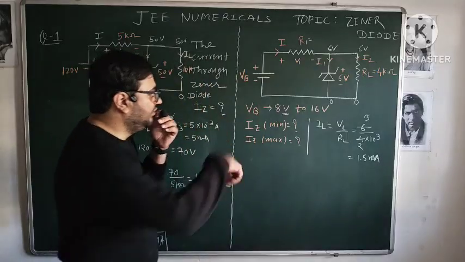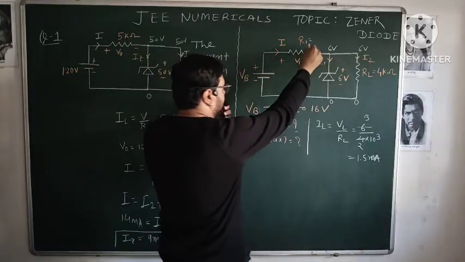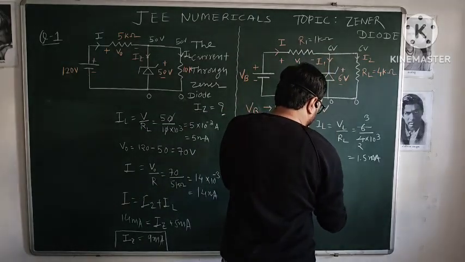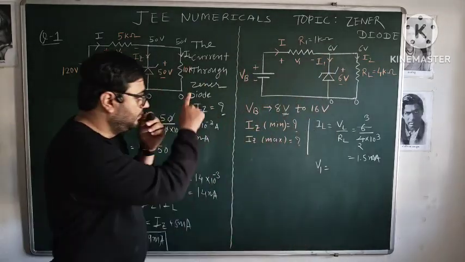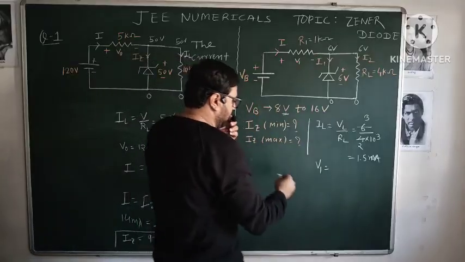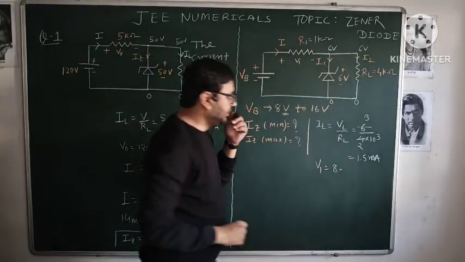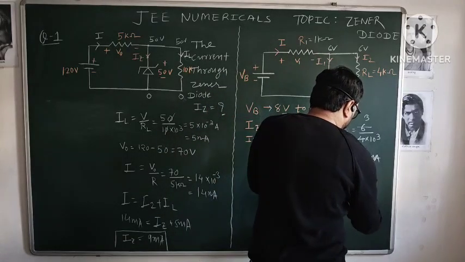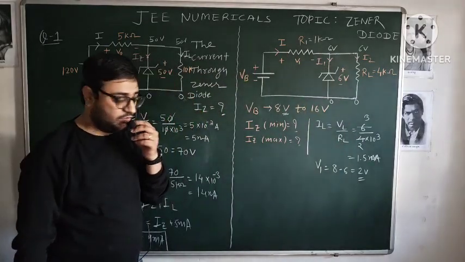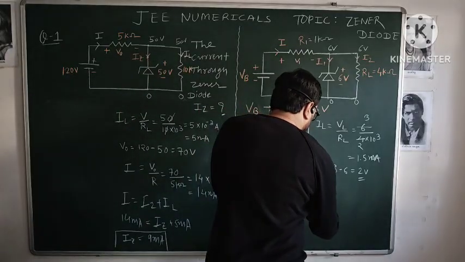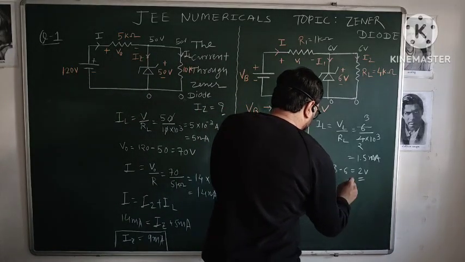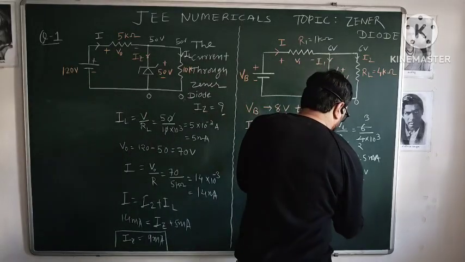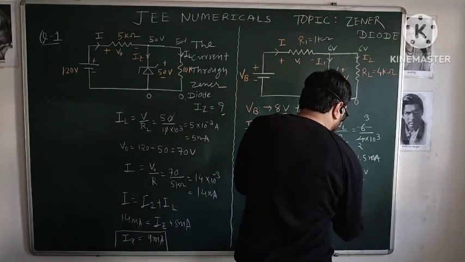Now the potential across the resistance R1, which is 1 kilo ohm. Here V1 is equal to the total voltage, VB, 8 volt, minus the Zener voltage, 6 volt. So the answer is 2 volt, the potential difference across the resistor R1. Now we can easily find the current I passing through R1, that is V1 upon R1.